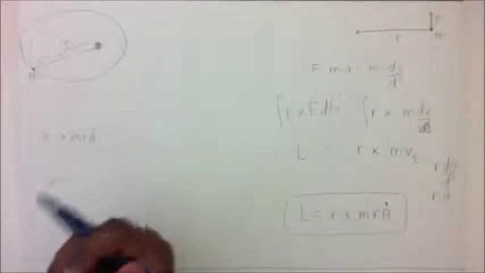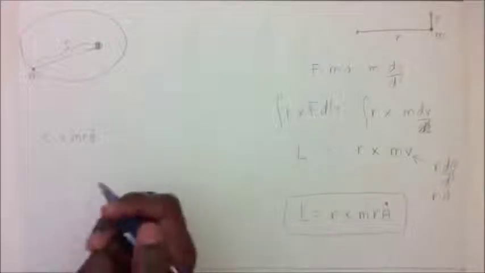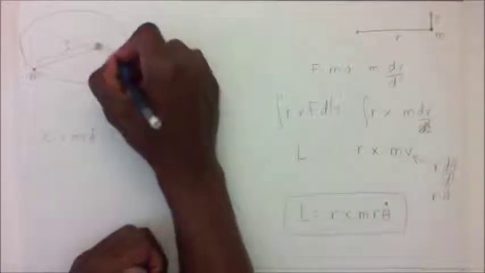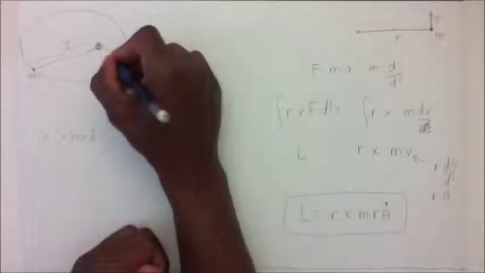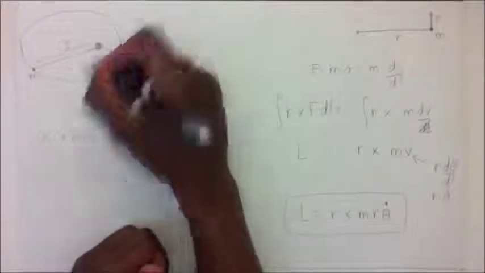Now let's look at a different segment of the orbit, over here, where r is what we'll say is r2.